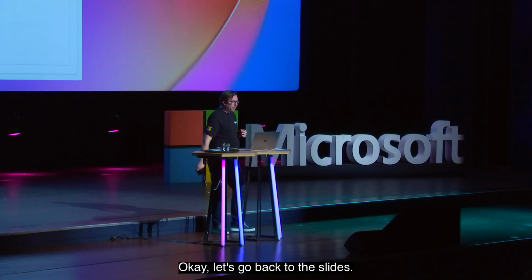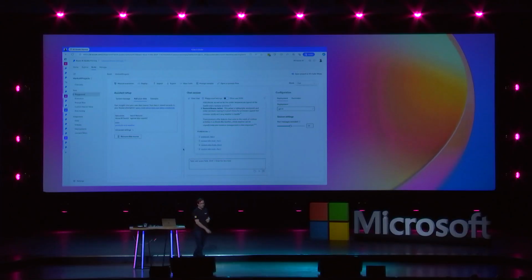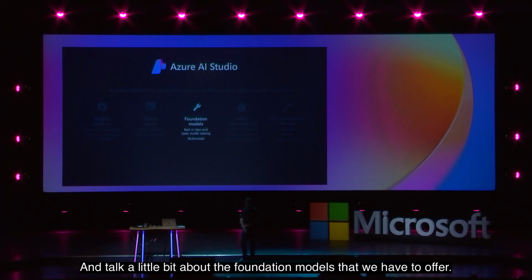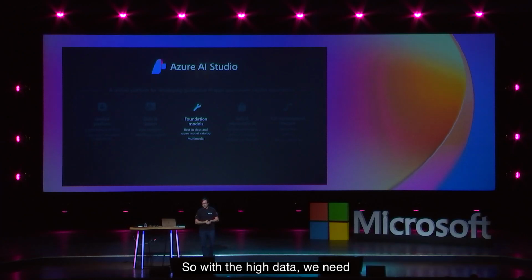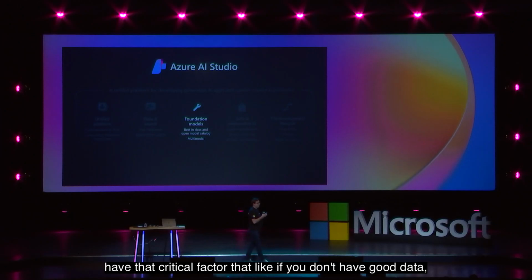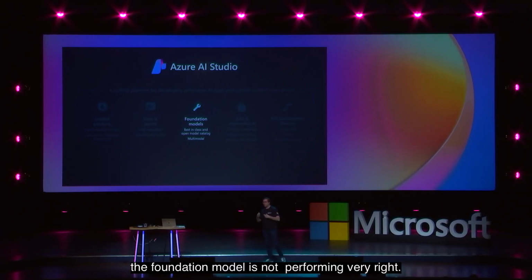Okay, let's go back to the slides and talk a little bit about the foundation models that we have to offer. With AI, we need data as an input. But the foundation models have that critical factor that if you don't have good data, the foundation model is not performing very well.